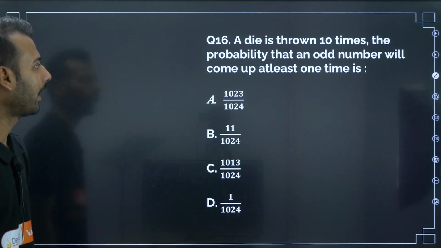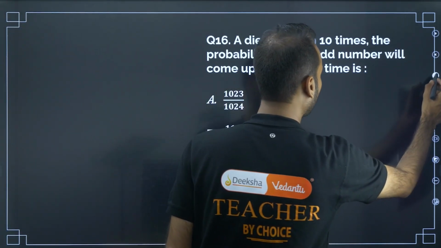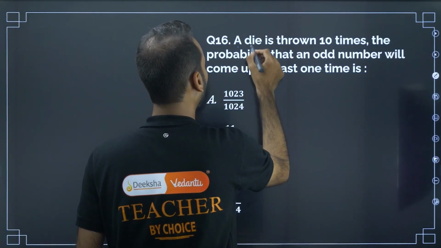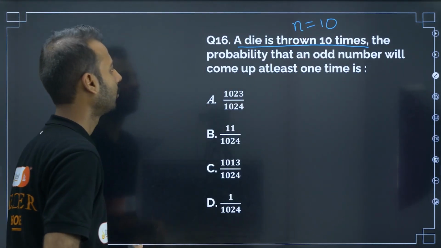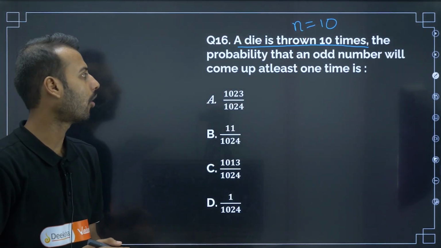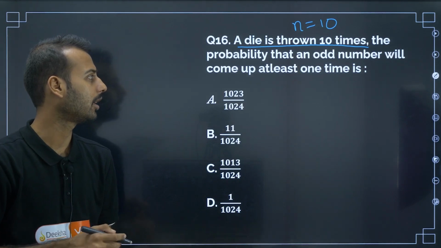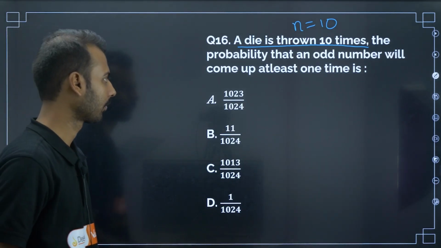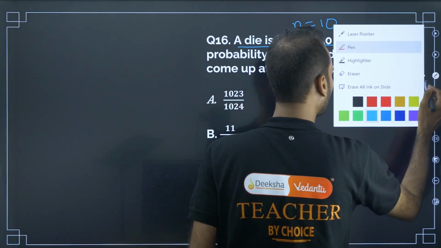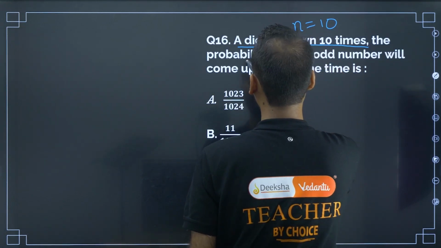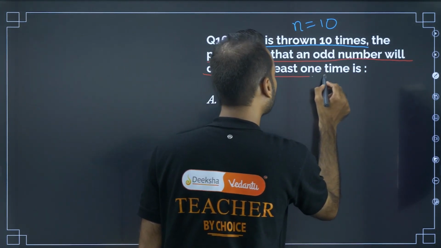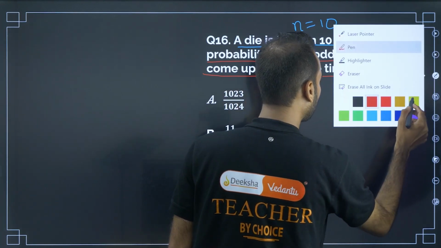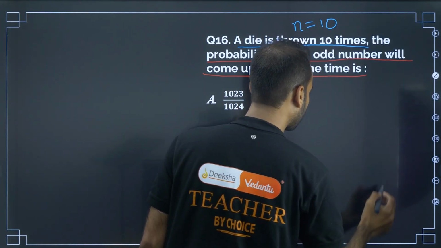A die is thrown 10 times. From Bernoulli trials, we can say n is equal to 10. The probability that an odd number will come up at least one time is... Getting an odd number is success.